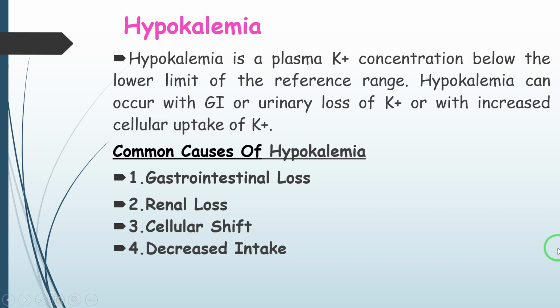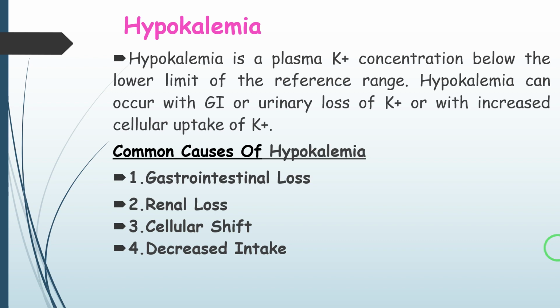Hypokalemia is a term used when the plasma potassium is below the normal lower limit of the reference range. Because the level of potassium is maintained through three important routes, either by the kidney, or by the GIT, or by the cell membrane shift, which we call internal balance.